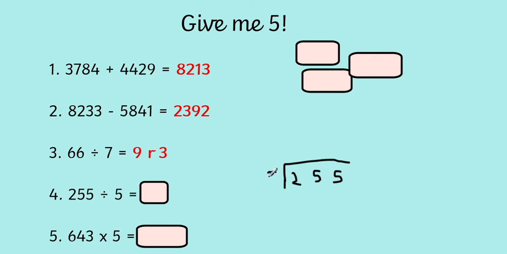No 5s can fit into 2, so we carry that 2 over to make 25. I know that 5 times 5 is 25. Got 5 there. How many 5s can fit into 5? Just 1. So our answer to 255 divided by 5 is 51.